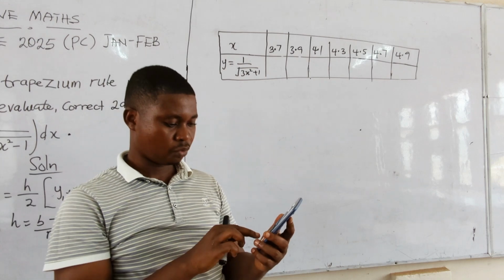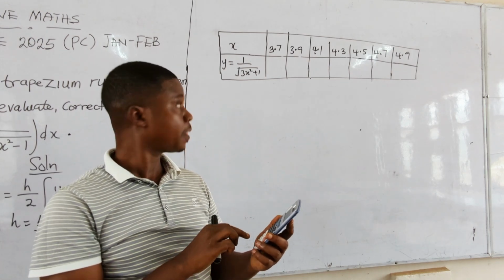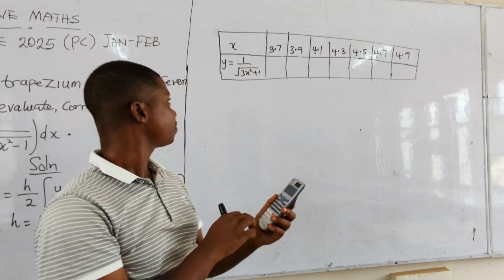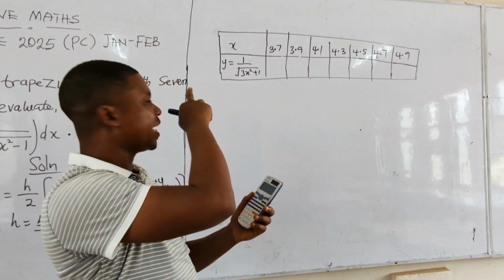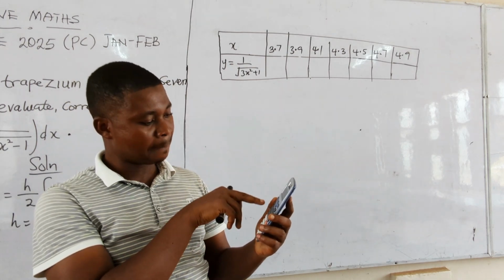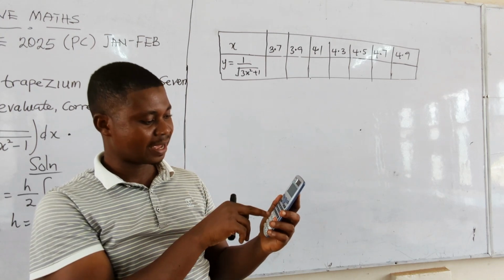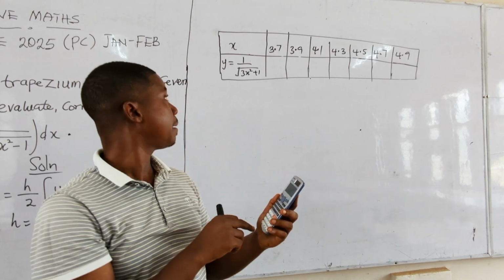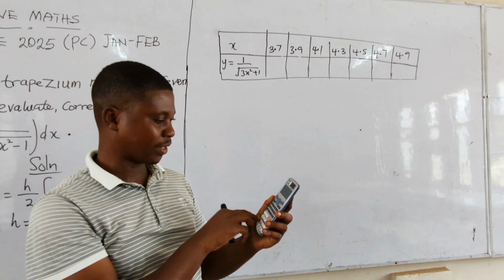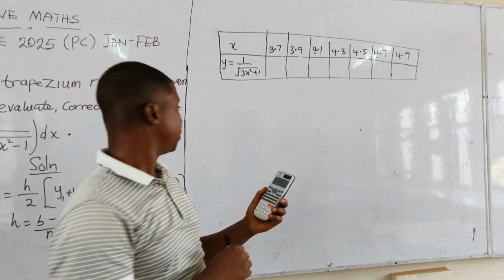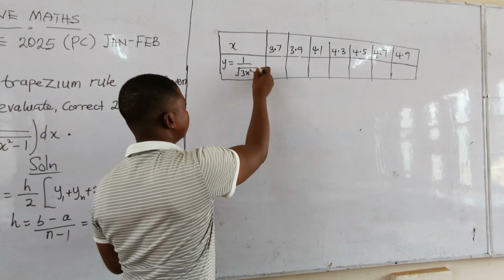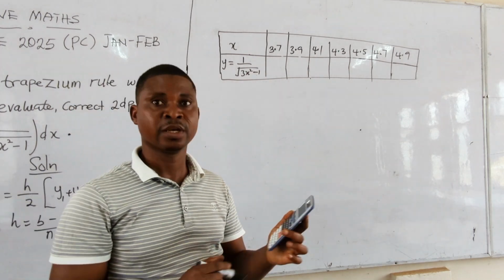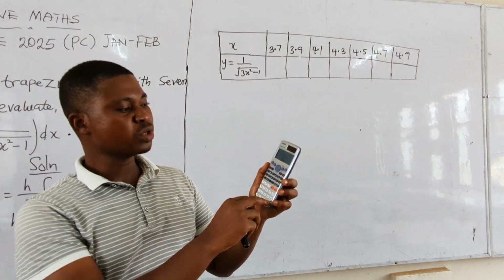So we have 1 divided by, then there's a square root, so root 3, alpha x squared minus 1. It's not plus, it's minus 1 from the question. So with this, then you go to equal to.